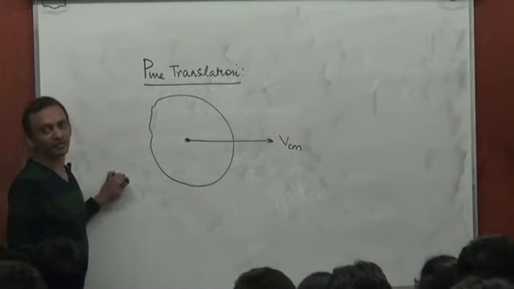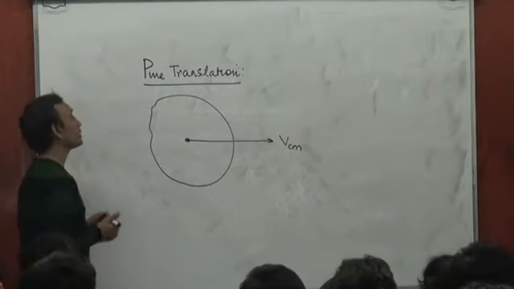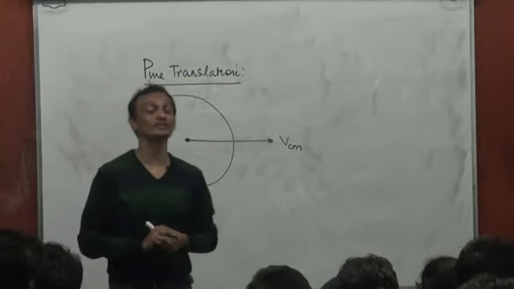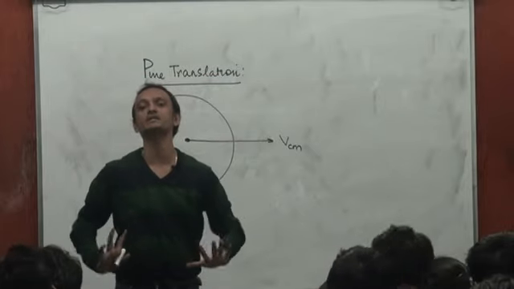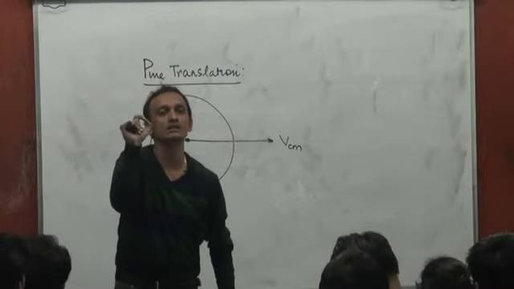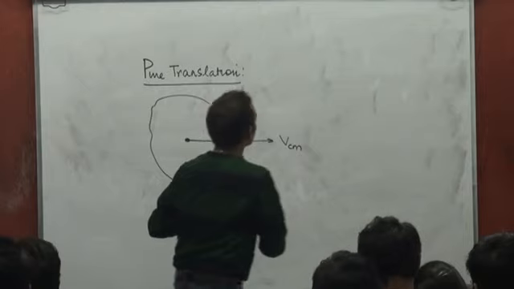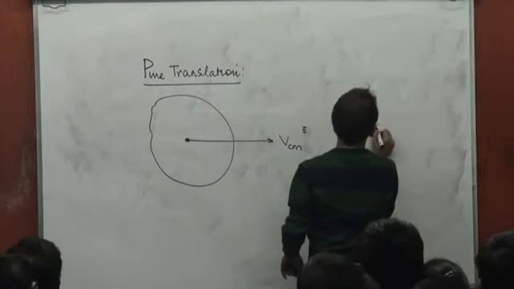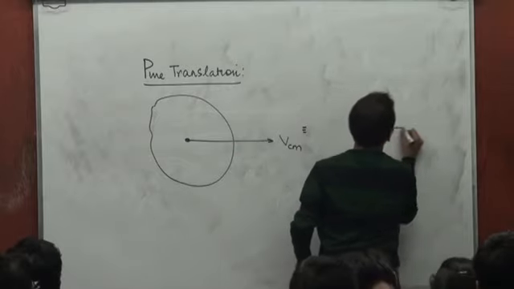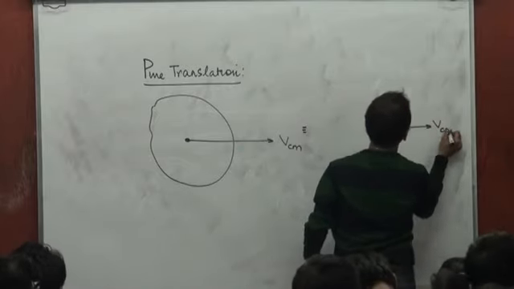And the center of mass in pure translation is the representative particle, meaning I can replace this entire collection by a point mass located at the center of mass. So this is the same as one single particle of mass m having a velocity VCM.